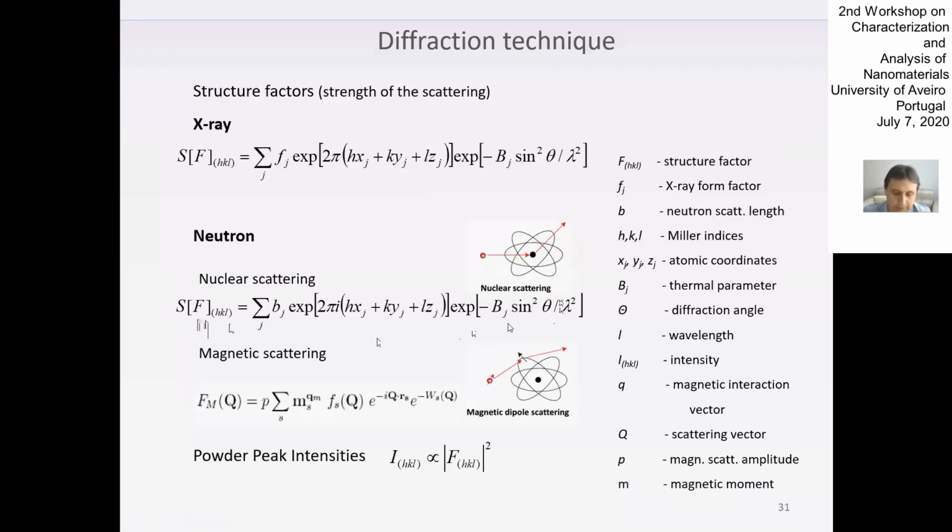Nuclear scattering is because of the interaction of the neutrons and the nuclei of the elements of the matter. And the magnetic scattering comes from the interaction of the magnetic moment of the neutron and the uncompensated magnetic moment of the electronic cloud of the material. So we have two components. This is really important because we can get information about the magnetic structure.